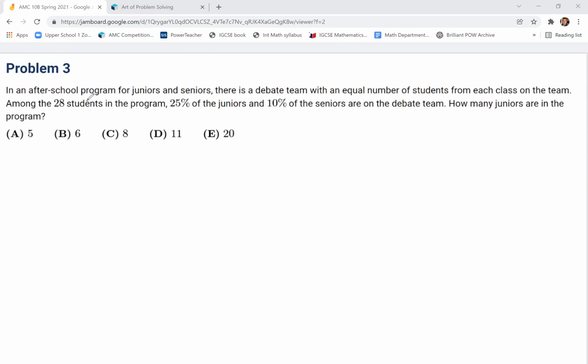Okay. So we have 28 students total, but some of them are juniors. So there's juniors plus seniors equaling 28, right? And we know 25% of the juniors is equal to 10% of the seniors, right? Yeah.